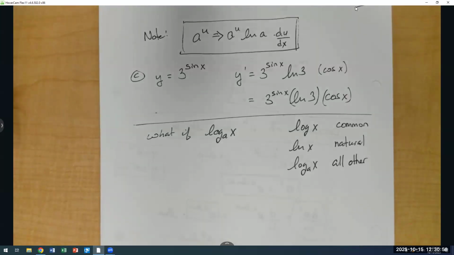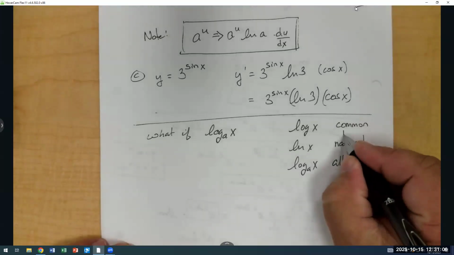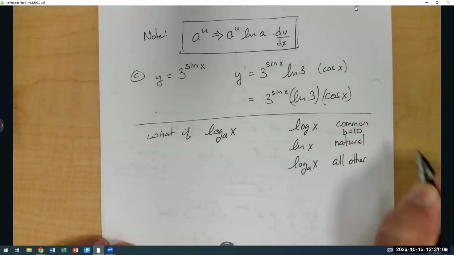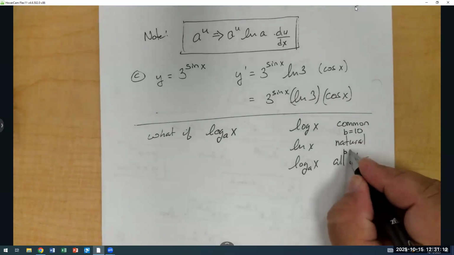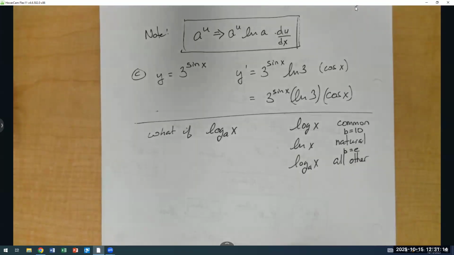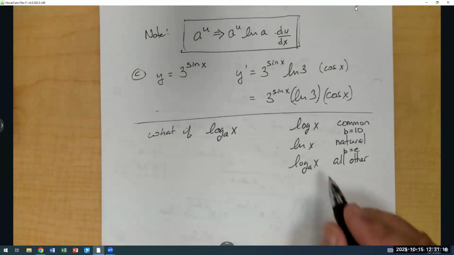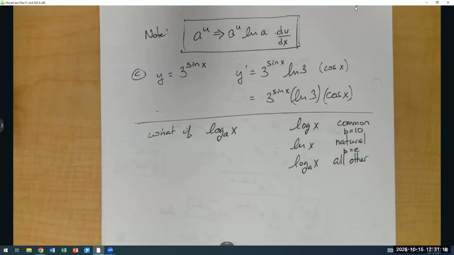What distinguishes them apart? The bases. Common log, the base is 10. Natural log, the base is e. And everything else, it is what it is.